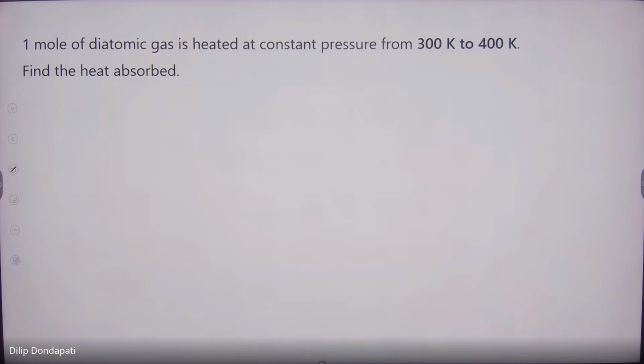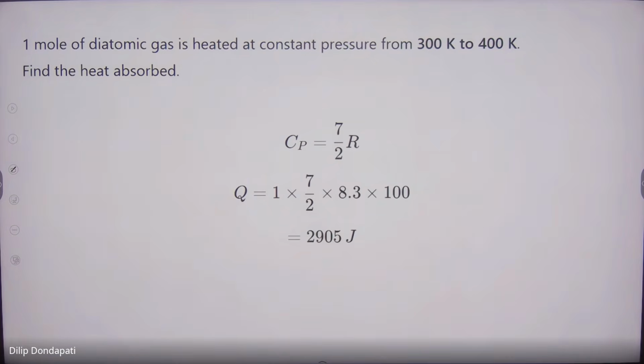1 mole of gas heated at constant pressure. Heat absorbed. This is diatomic. कितना? 250. Oh, constant pressure.